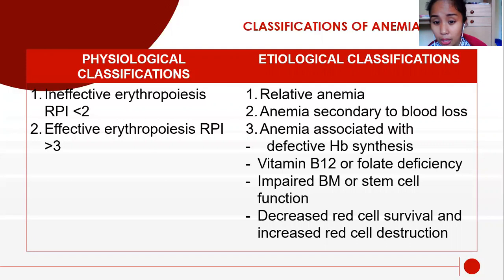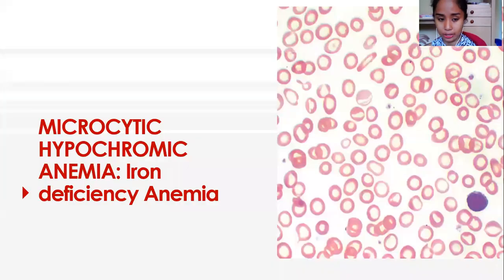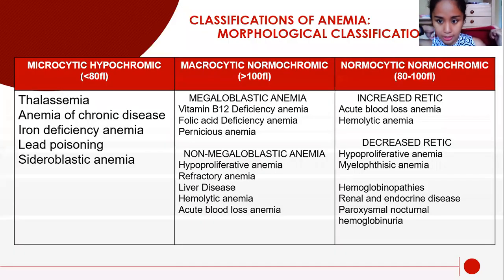Anemia associated with defective hemoglobin synthesis, B12, impaired bone marrow, decreased red cell survival, for example, hemolytic anemia. So, those are the etiological and physiological classification. Pero class, ang mag-focus tayo dito, I made a table for you. So, this could be your guide.